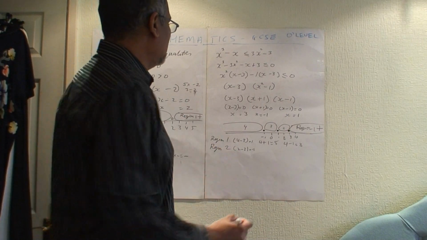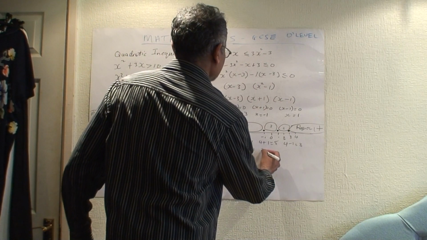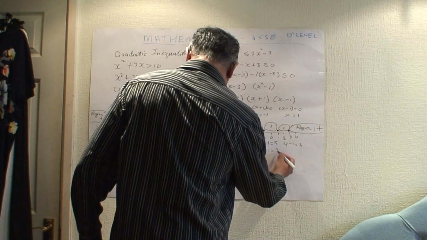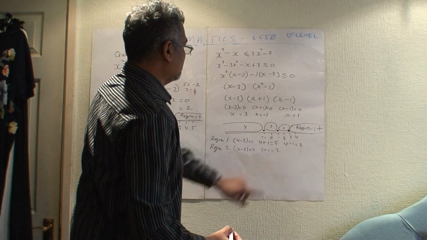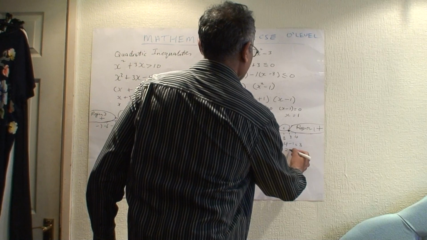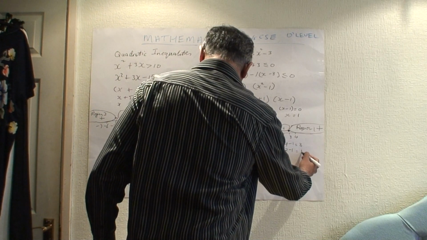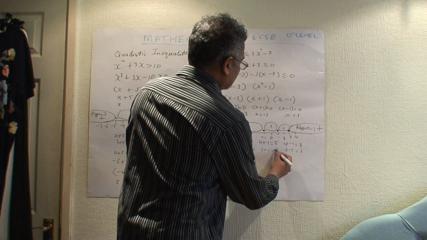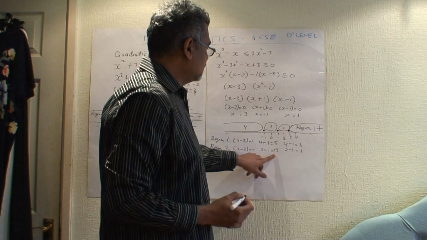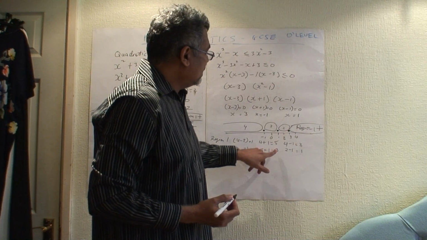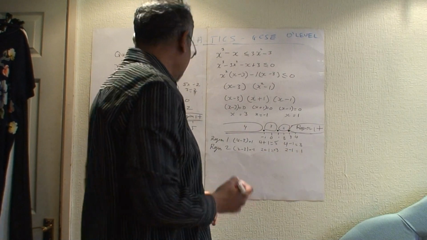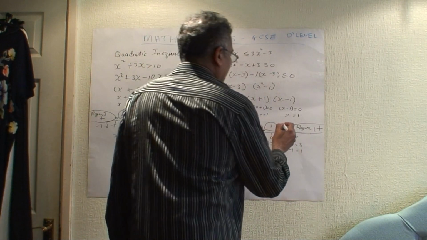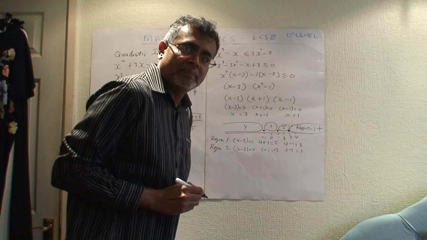We can also say 2 plus 1 is equal to 3, that's positive, and 2 minus 1 is equal to 1. So we have a negative multiplied by a positive, which gives us a negative. So we can say that region 2 is negative.